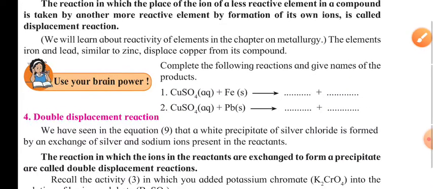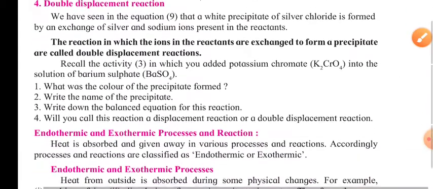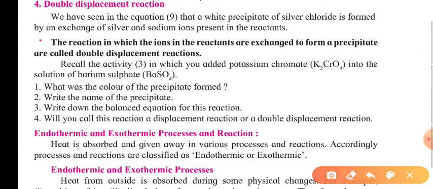Further is the double displacement reaction. The reaction in which the ions in the reactants are exchanged to form a precipitate is called a double displacement reaction. In simple words, two displacements are taking place simultaneously.